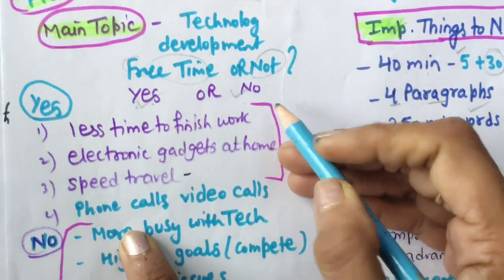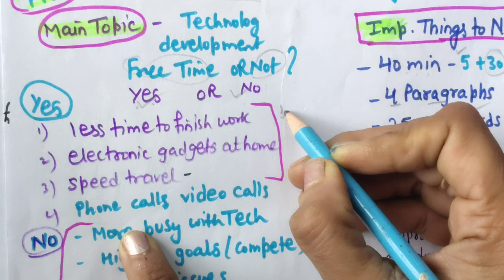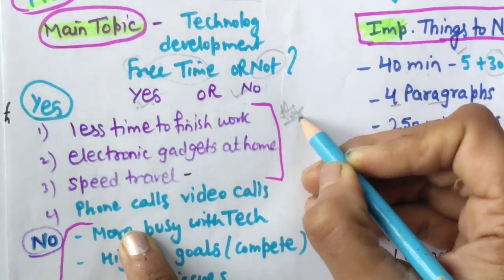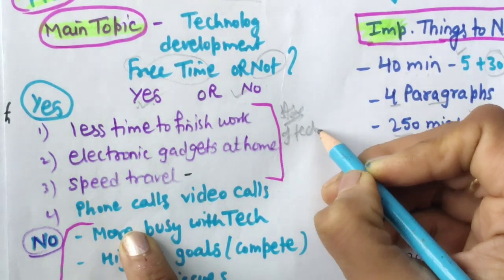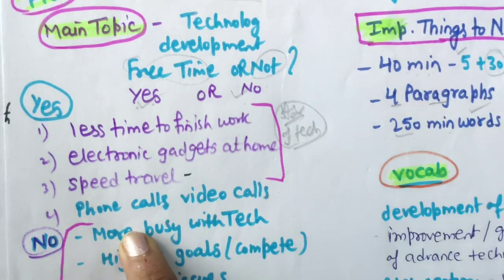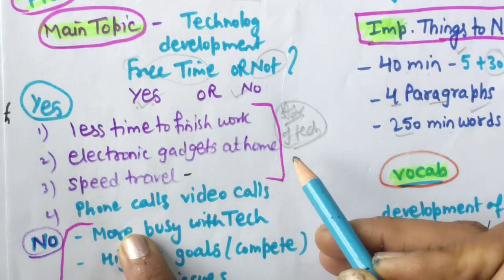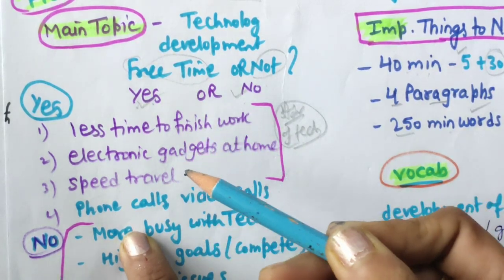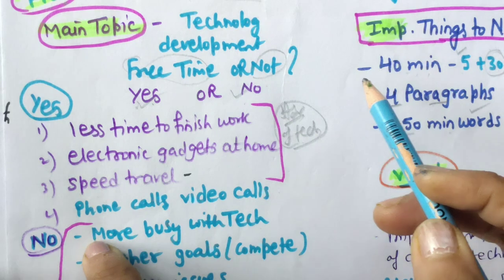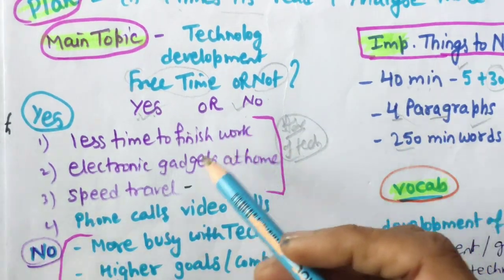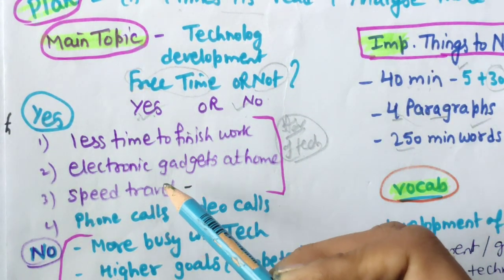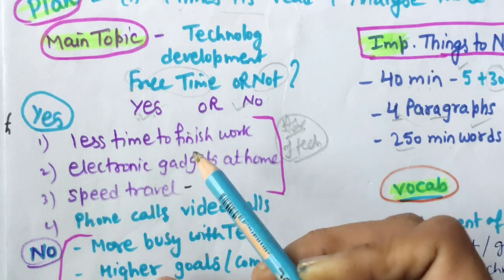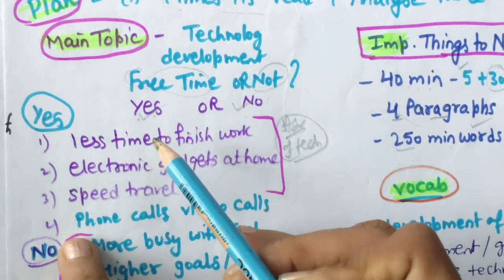Definitely, indirectly we will be writing about the advantages of technology, because we are going to write this essay with the help of a template. So you need to explain how free time is there, how they can get free time, and we need to give reasons.